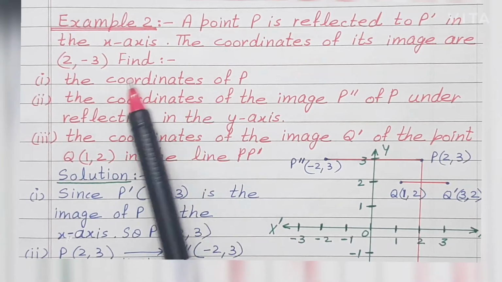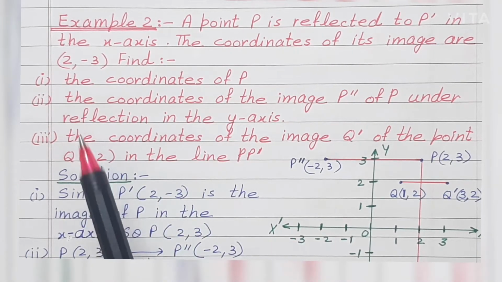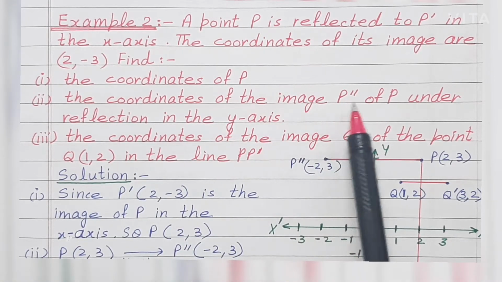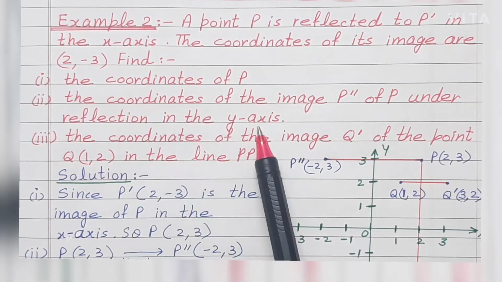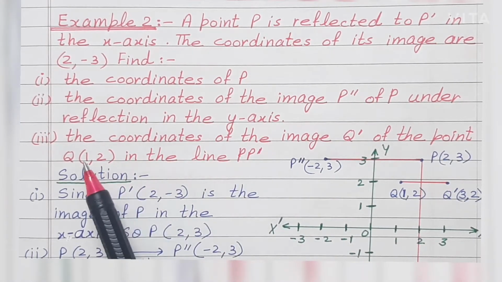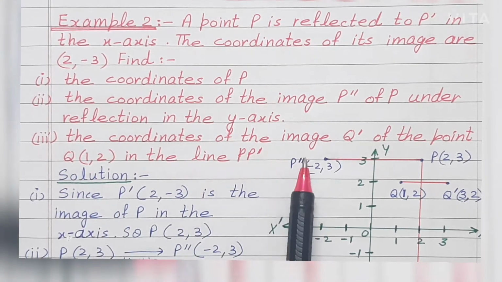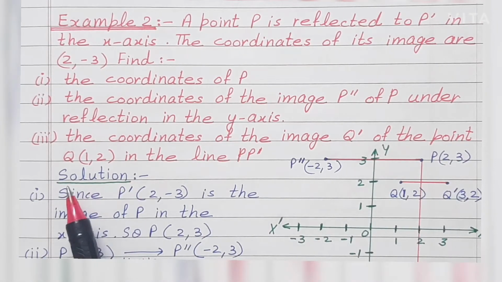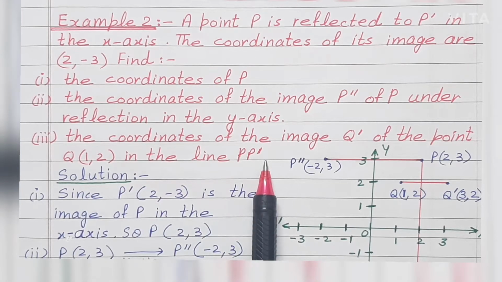So the first part is find the coordinates of P. Second is the coordinates of the image P double dash of P under reflection in the y-axis. And the next part is the coordinates of the image Q dash of the point Q, that is (1, 2), in the line PP dash.